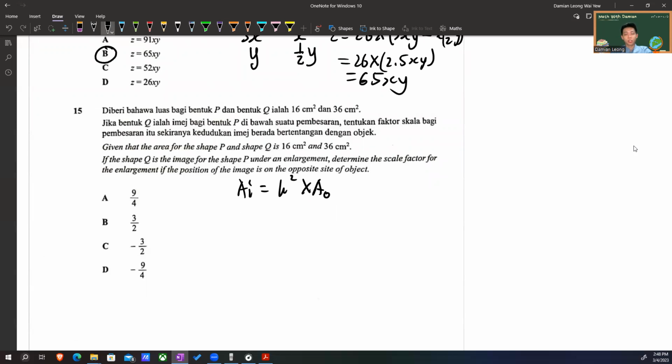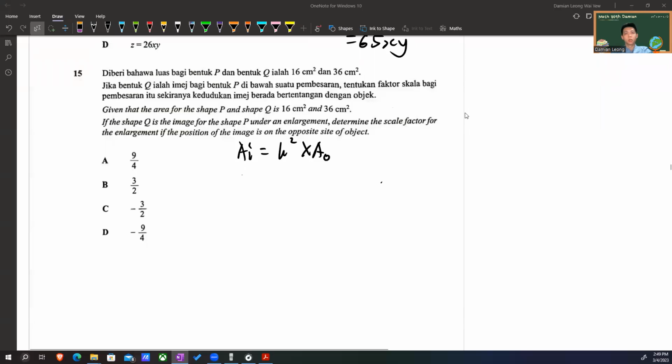Means area of the image 36 is equal to the area of the object 16 times K square. So 36 equals scale factor square times 16. 36 divided by 16 is scale factor square.